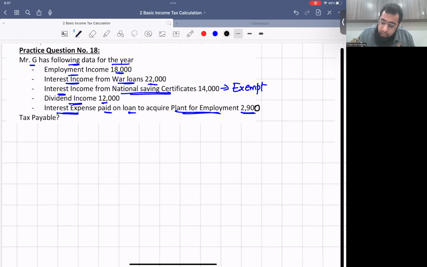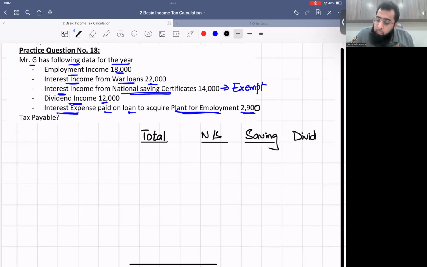Let's look at it. I want you all to concentrate. First column is total, then non-saving, saving, and the last one will be dividend. Now, employment income. What is the amount of employment income? 18,000.